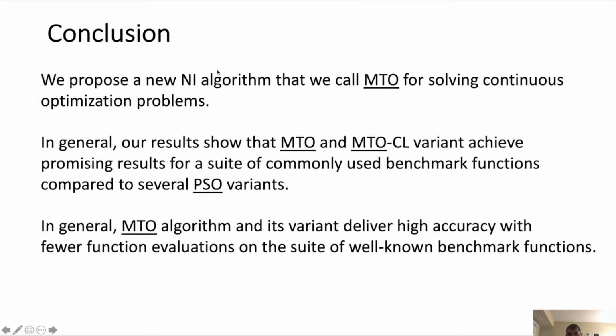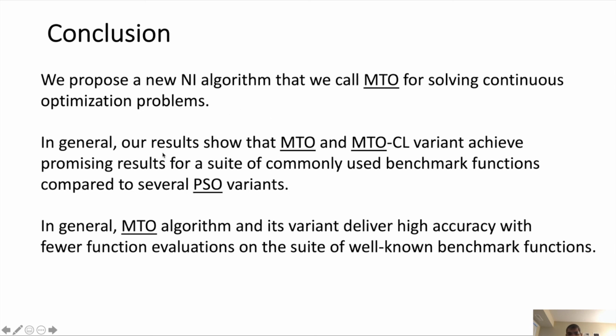So, the conclusion of the presentation: we propose a new nature-inspired algorithm that we call MTO for solving continuous optimization problems, and we published this algorithm. We already released another version of MTO for discrete optimization problems and published it. We also implemented this algorithm on a neural network to tune the weights, and we published this application.